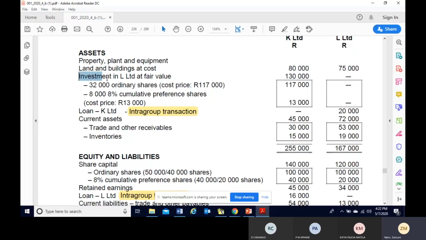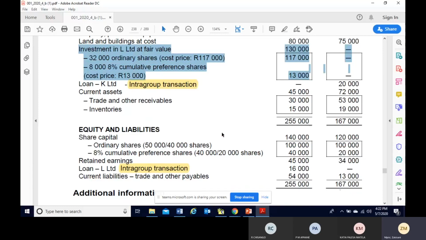We have to eliminate this investment when we are doing journal entries as part of our calculations.